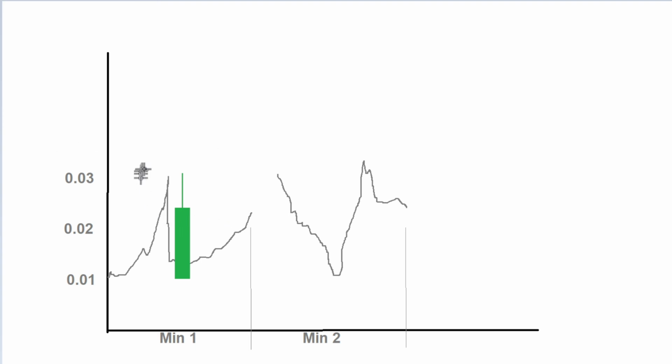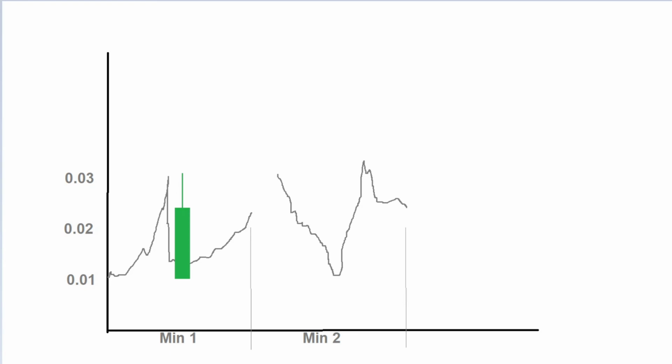In this case, the high occurred right there, but it didn't close at that, so that's why we have a wick. This end of the wick is at the high for the minute, and the low ends up being the same as the starting price.